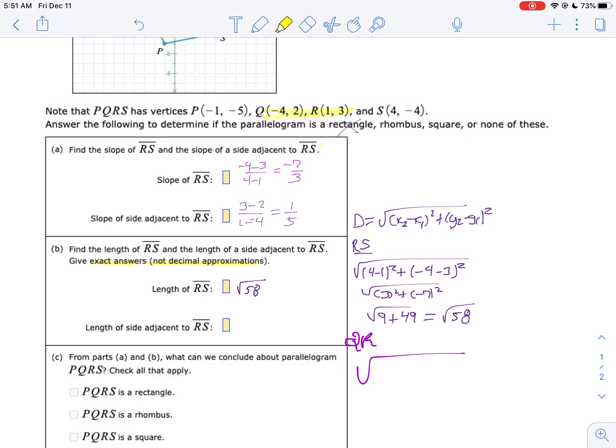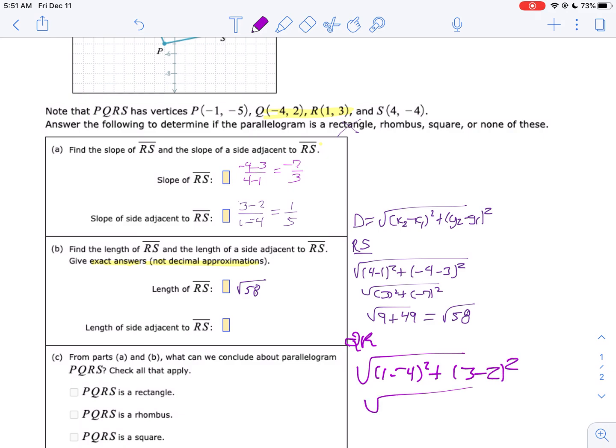I'm going to go 1 minus a negative 4 squared plus 3 minus 2 squared.